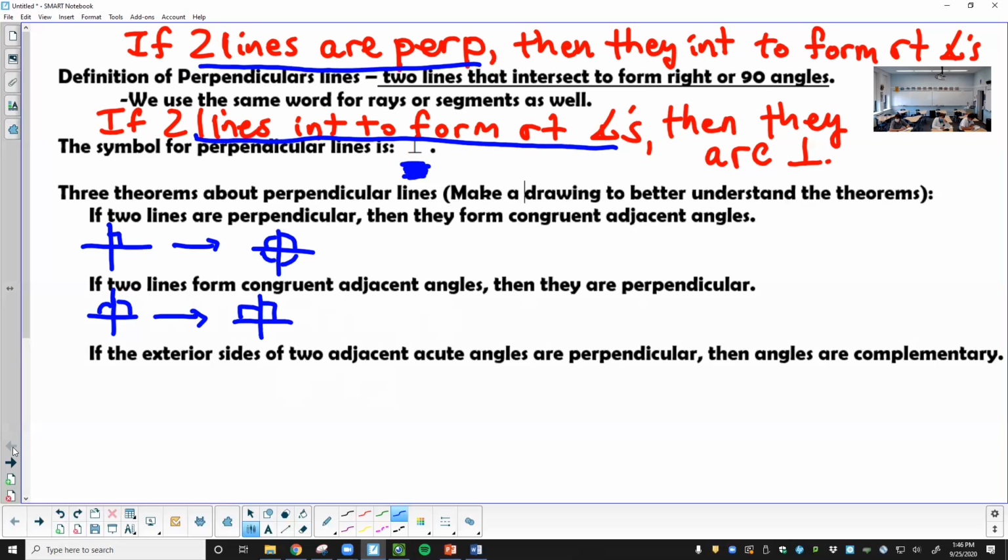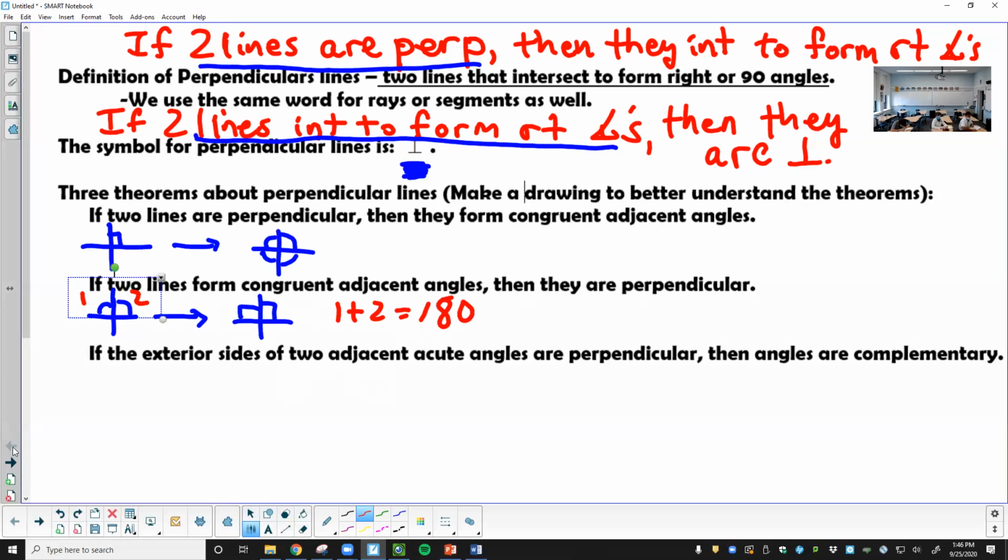If you think about it, if we just call this angle 1 and 2, we could say that 1 plus 2 is equal to what? What's 1 and 2 add up to? What do you think, Luke? 180, right? Because it's a linear pair.